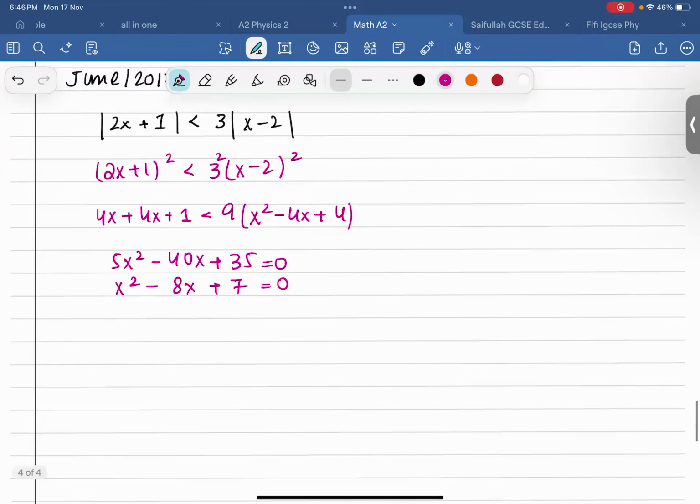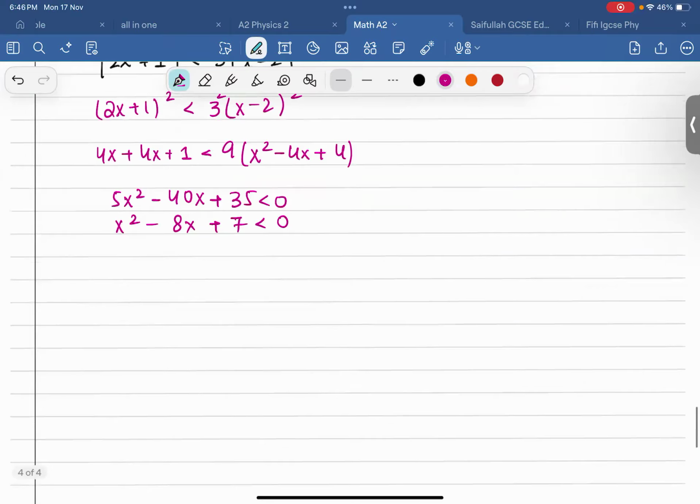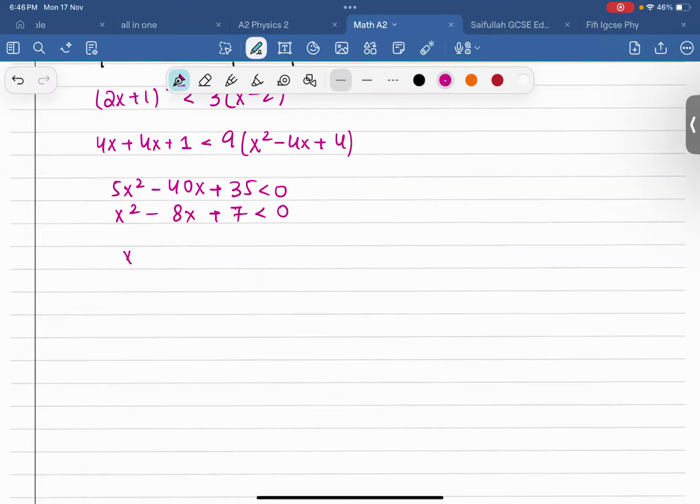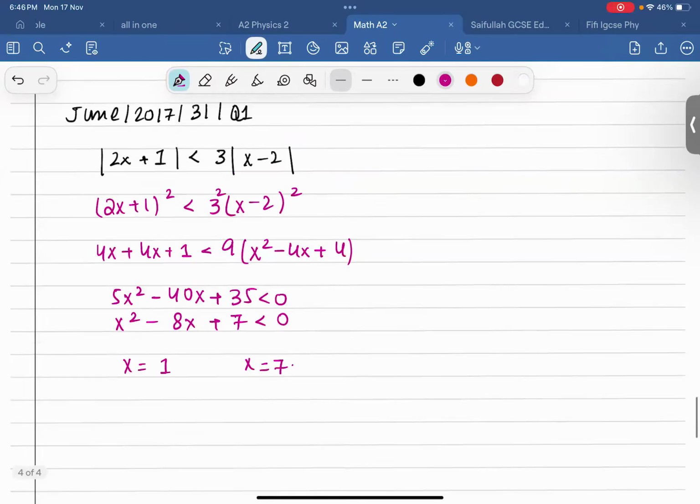Okay, so we have that less than sign. Now you end up getting the critical values of x as 1 and x as 7, right? Now, just do two things.